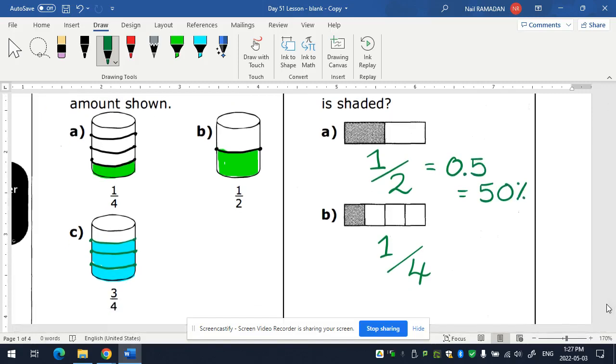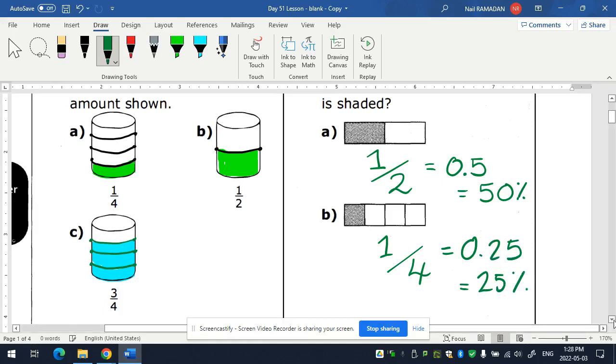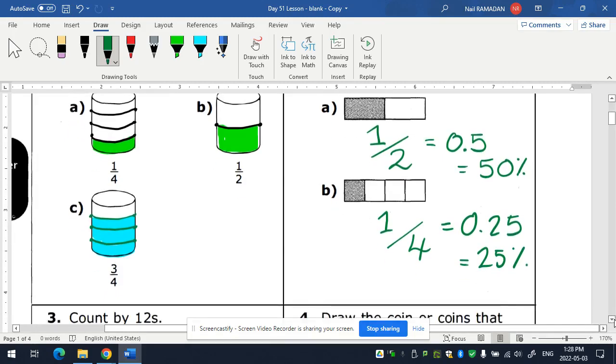This one, you divide and you get 0.25, which means this becomes 25%. There are only three ways to explain a part of a whole: as a fraction, as a percentage, or as a decimal. All of them mean the same thing.